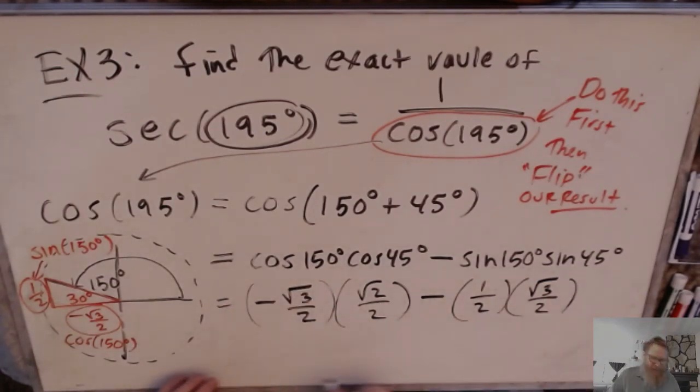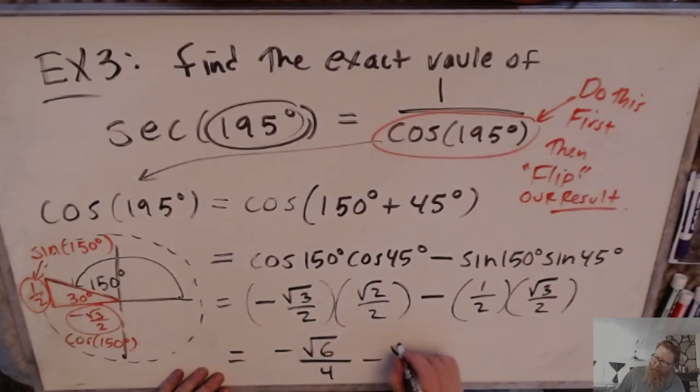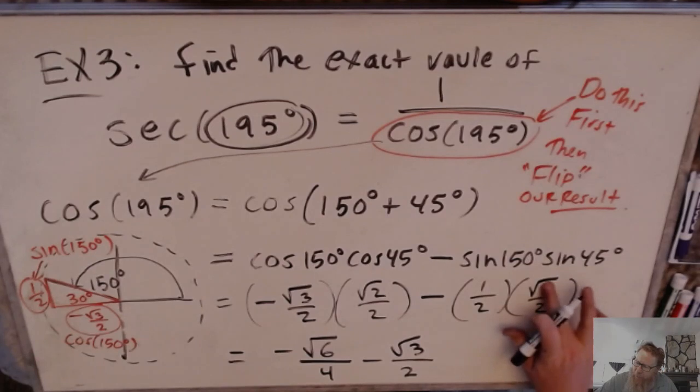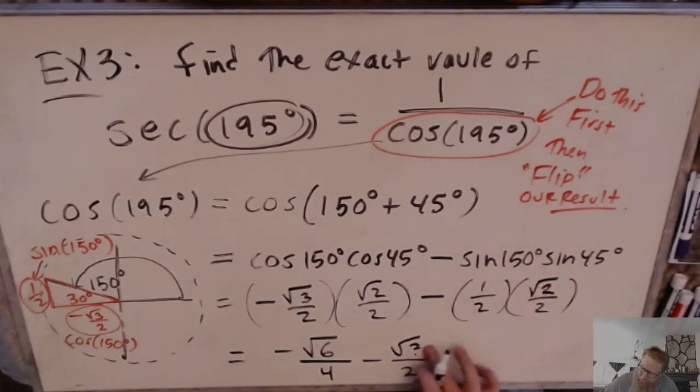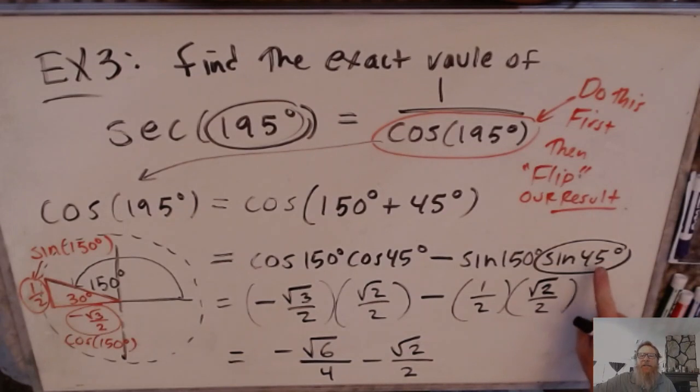You're going to notice this pattern happens quite often. This is negative radical 6 over 4 and radical 3 over 2. Oh, not radical 3. Almost screwed that up. Sine of 45 is radical 2 over 2. Look back at the previous example.